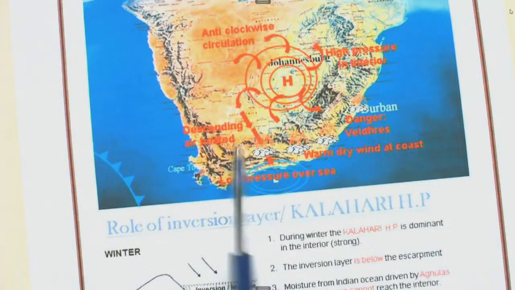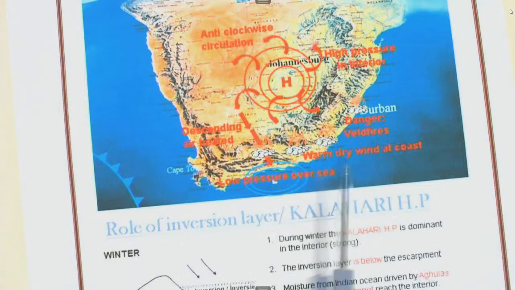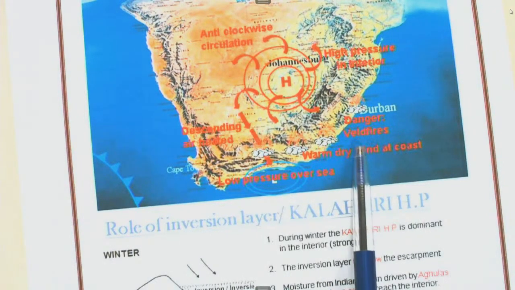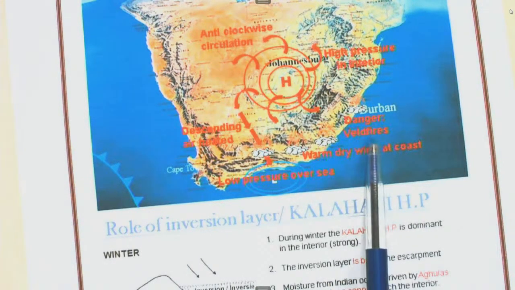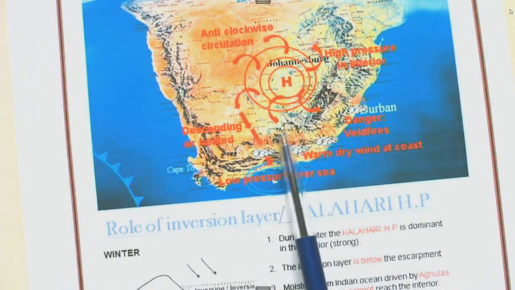So this hot dry wind can lead to dangers of veld fires. Veld fires can take place. So this will be a hazard that will take place around here because of the winds.